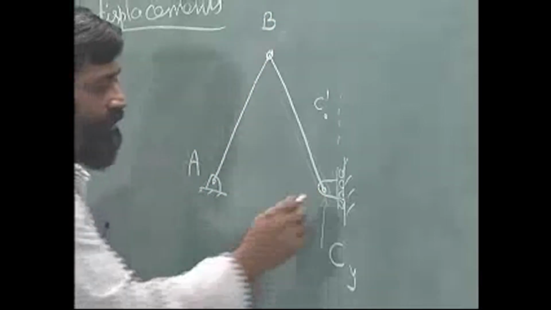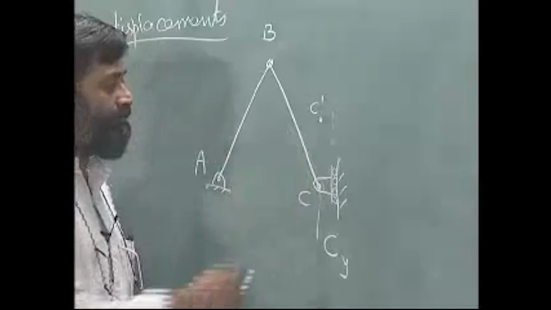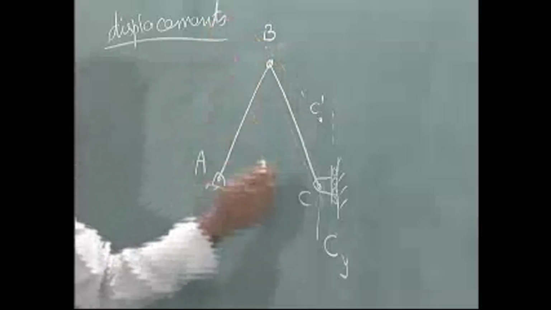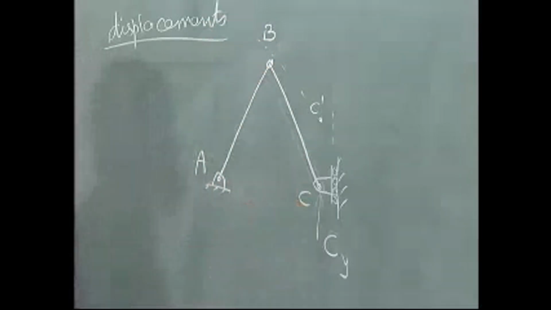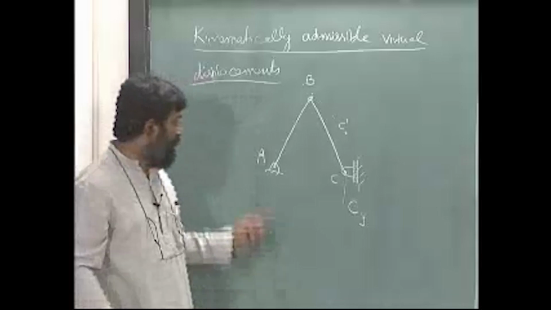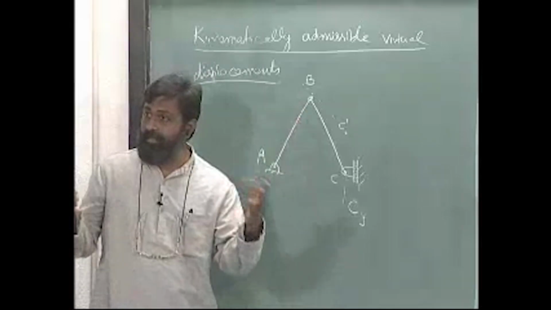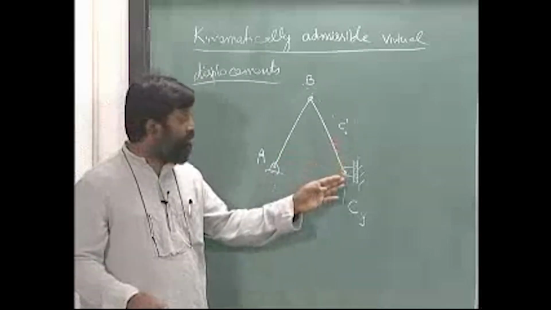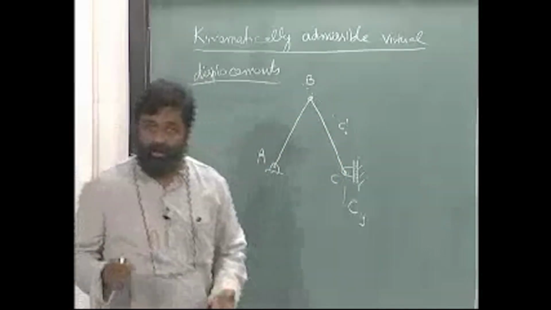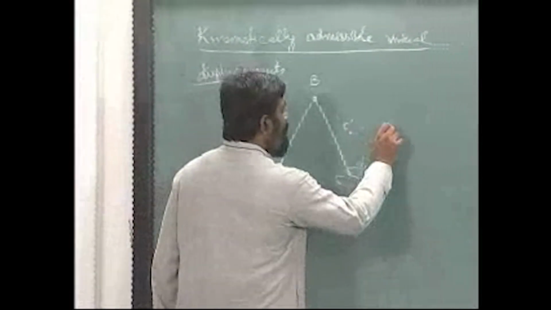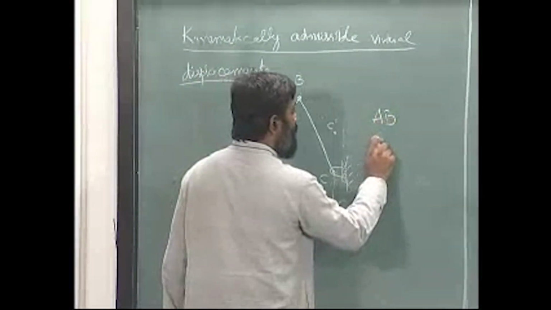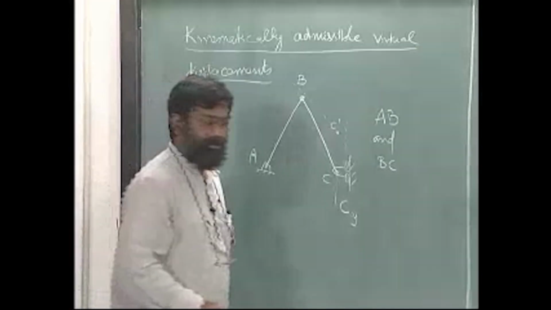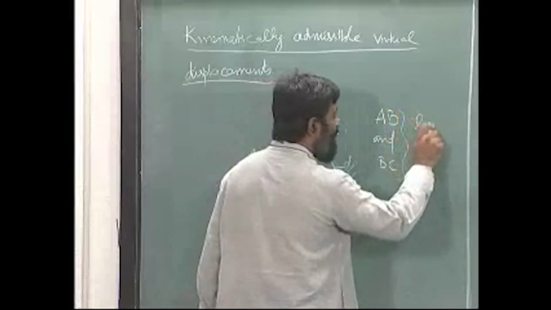When I move this point C to C prime, what should I get? Remember, the length BC cannot change, it is a rigid body. Length AB cannot change, it has to be a rigid body. So, when I draw the geometry related to this movement, I have to make sure that AB and BC lengths will be maintained.